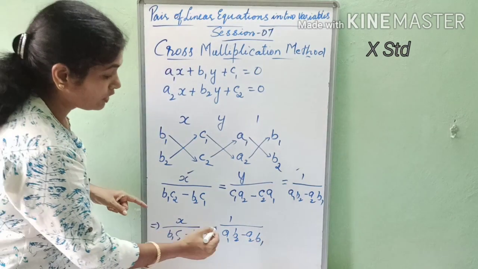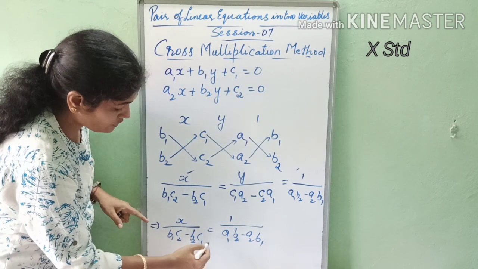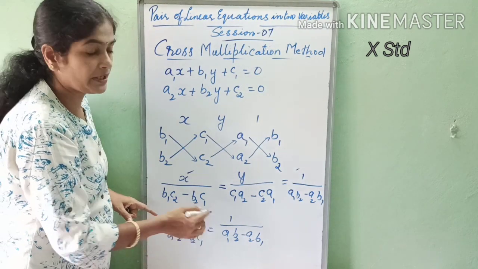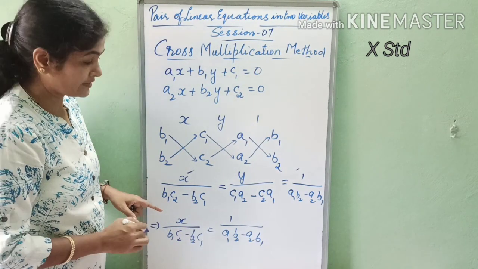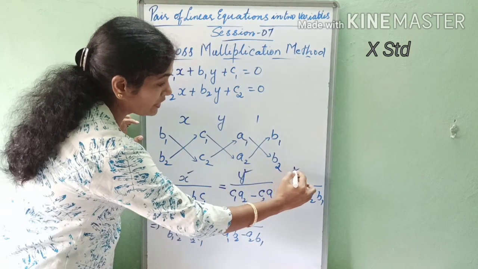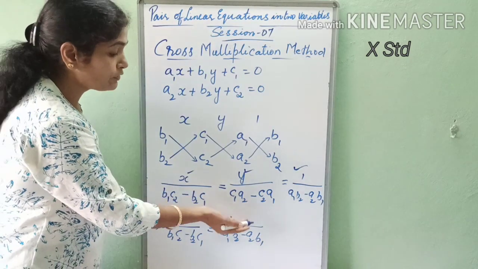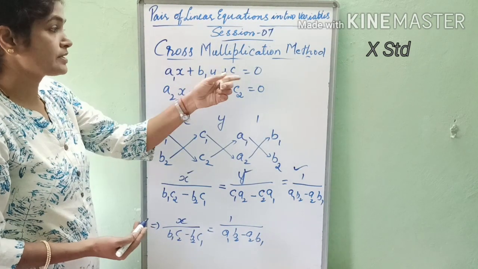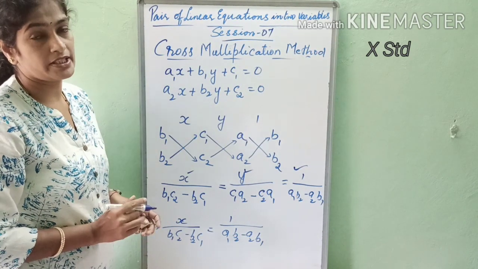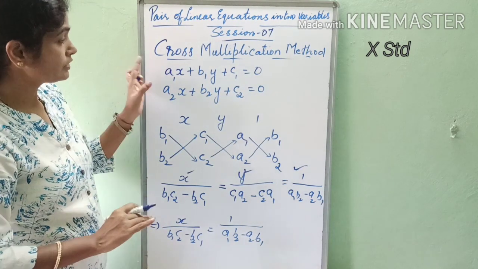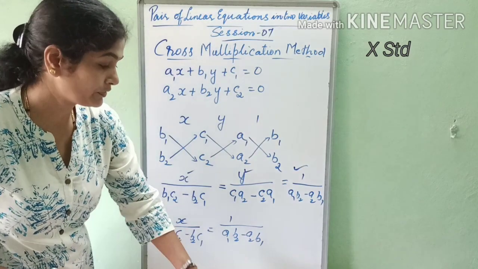Right. So this is known to you, this is also known to you, unknown is x, so you can even easily cross multiply and find out the value of x. Similarly, these two will be equated in the next step and you can get the value of y. Or if you once get the value of x, you can even substitute in any one of the equations and get the value of y. Fine. Now, this method we will do considering an example.